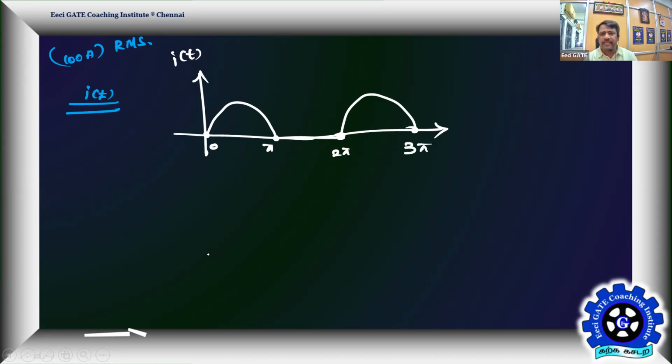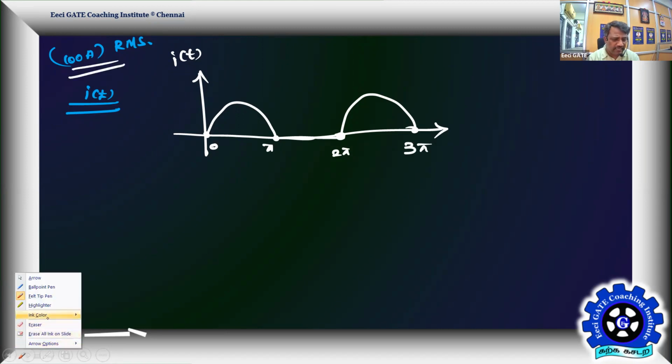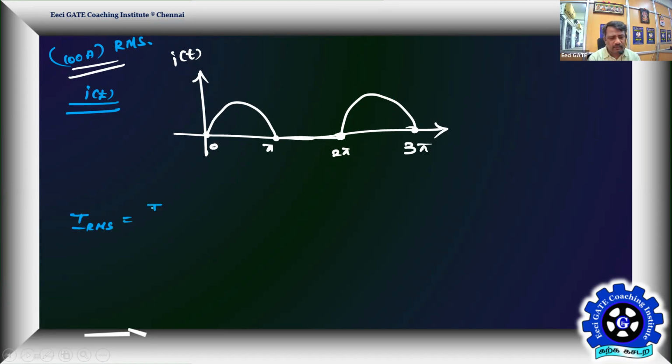So this is how we get the half wave rectified signal. What is given is the RMS value of this pulsating DC. And hope you remember the RMS value of a half wave rectified signal is equal to IP by 2.